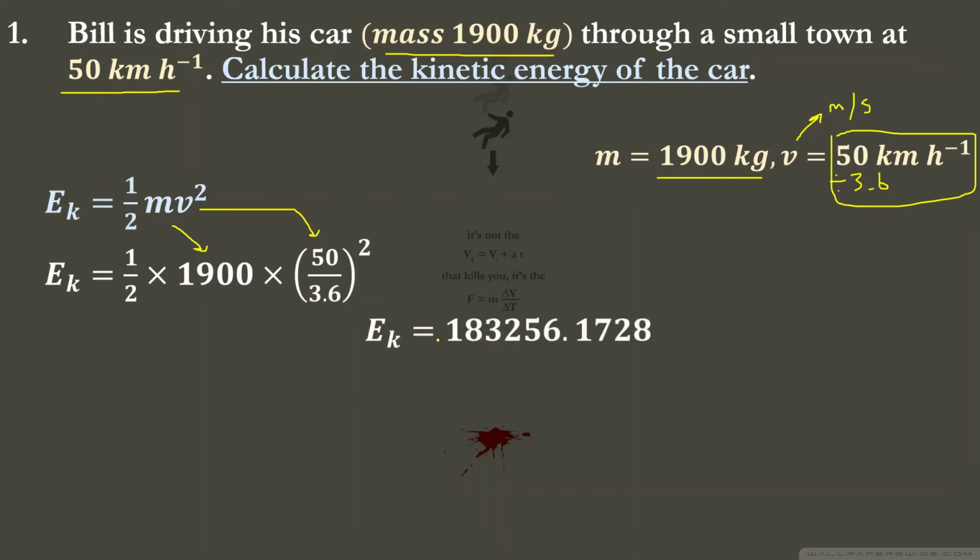And so we find that the overall kinetic energy is 18325. And if I just round it off to 3 significant figures, 183,000 joules, or you can write, as another alternative, 183 kilojoules too.